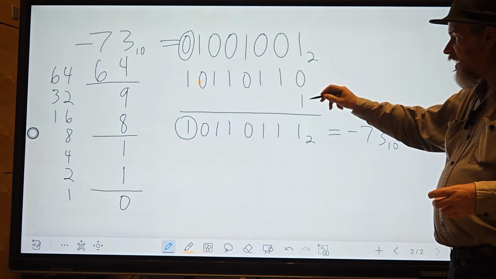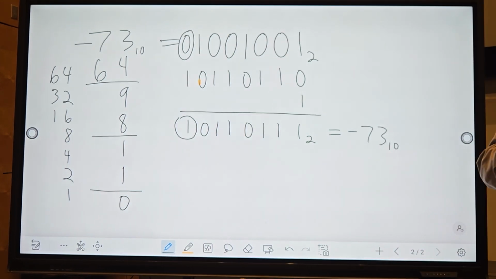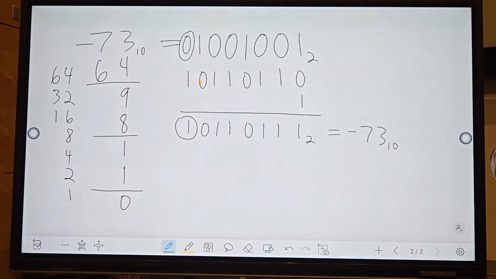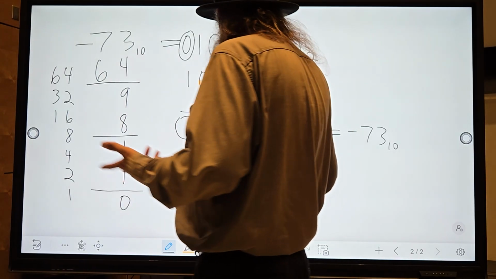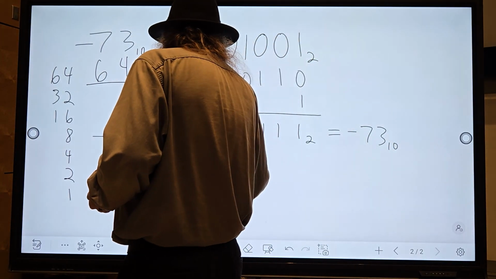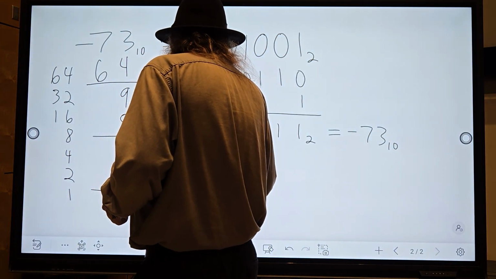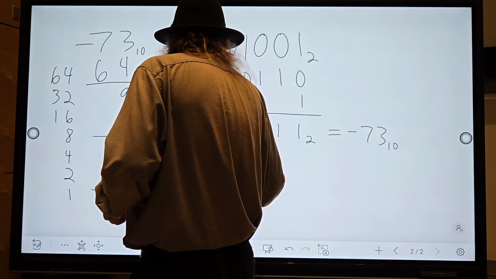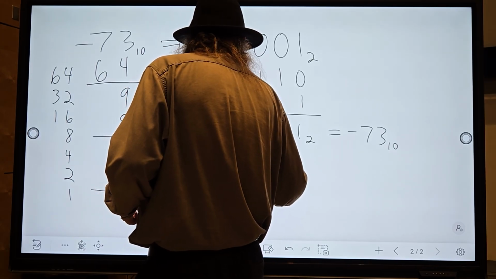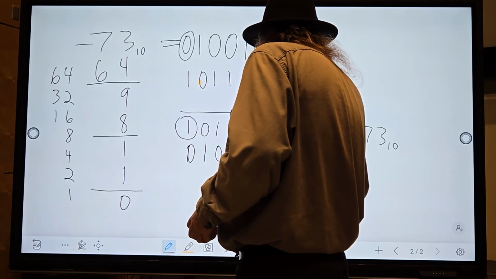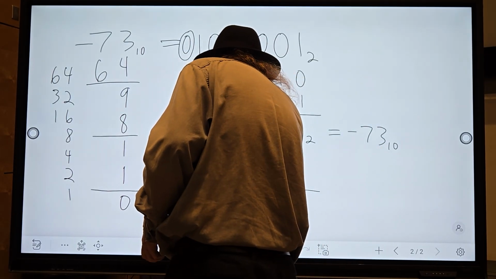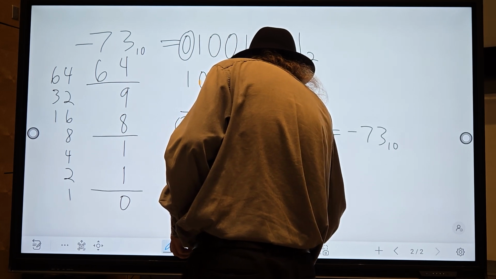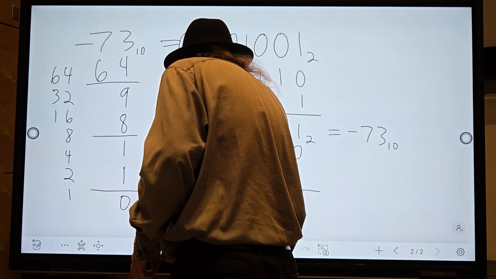Flipping the bits and adding 1 works also to convert a negative number into a positive number as well. So let's just use this last one here, this example here. 0, 1, 0, 0, 1, 0, 0, 0, add 1, and that gives you 1, 0, 0, 1, 0, 0, 1 with a leading 0.